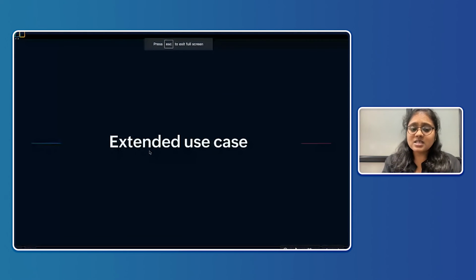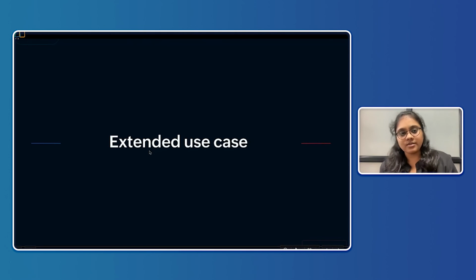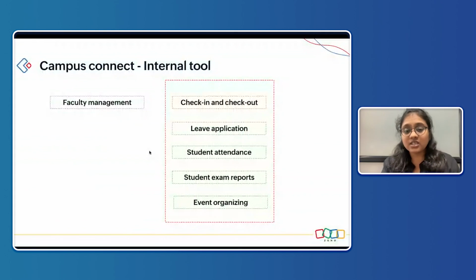Let's also discuss some of the extended use cases. We saw an application called Campus Connect as a core system. Let's imagine the same Campus Connect as just an internal tool, for my faculties and my admins to use. For that, I just have to share the internal user access of my application with the faculties.